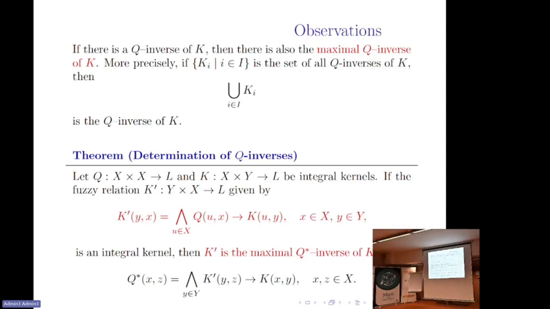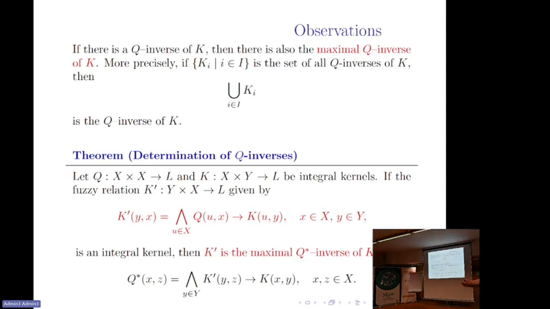Even if we have Ki, the set of all Q inverses of K, the union is a Q inverse of K. So it means that there is a maximal Q inverse. There is some determination of Q inverses: if we have a Q and K, and K prime is determined by this formula, K prime is the maximal Q star inverse of Q when Q star is defined in this way.